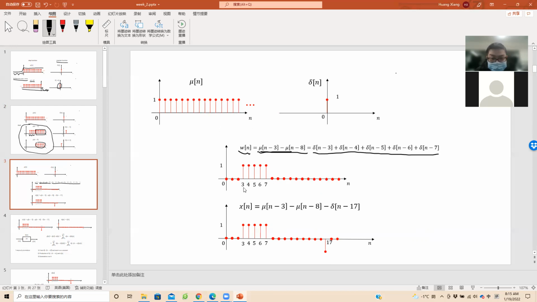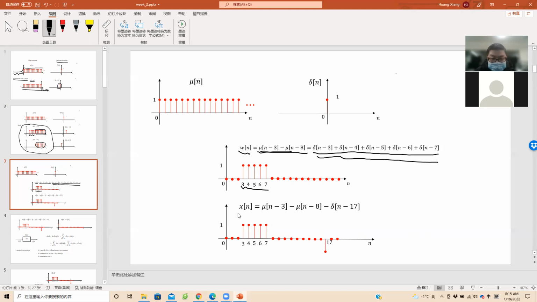Since the function only has values at 3, 4, 5, 6, 7, we can define the signal as the summation of shifted impulse functions, like this way.